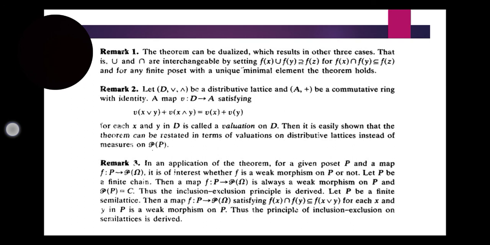Let P be a finite semilattice, then a map satisfying for each x and y in P is a weak morphism on P. Thus, the principle of inclusion and exclusion on the semilattice is derived.